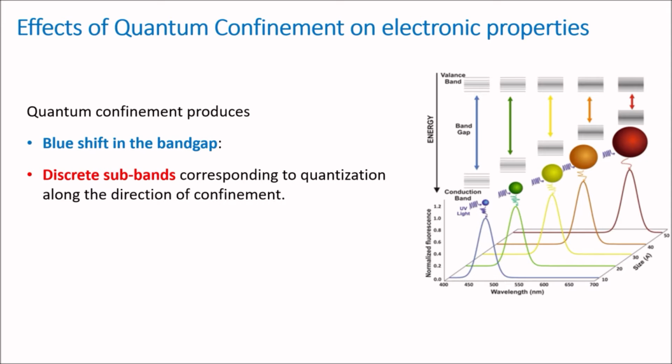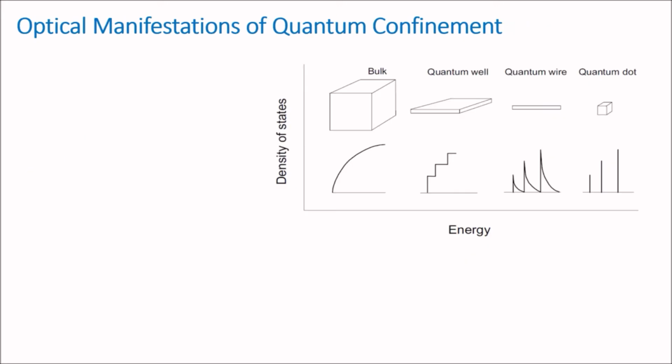Thus, it is possible for us to engineer a material for a required emission wavelength by simply changing the size of the material. So let's discuss the optical manifestations of quantum confinement one by one.